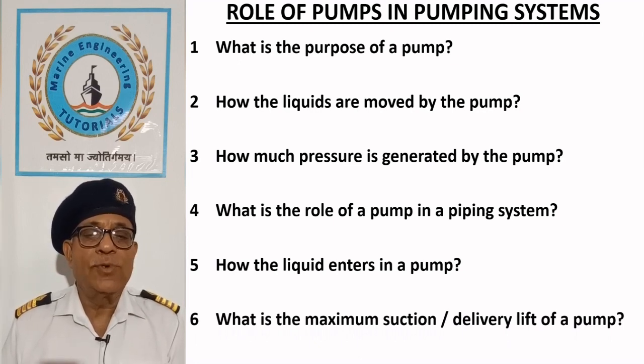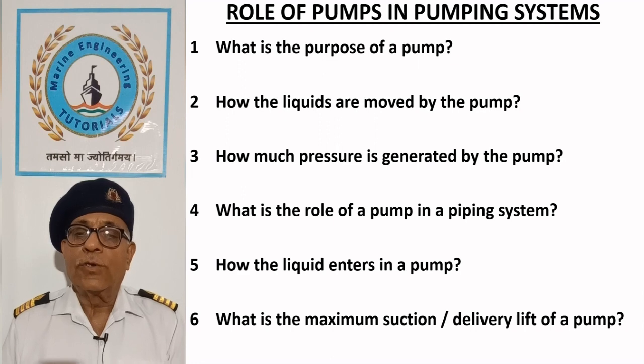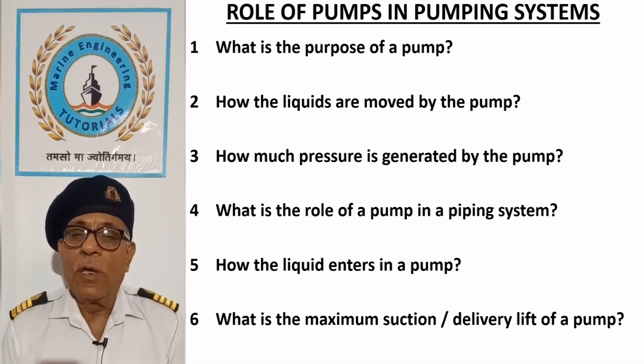What is the maximum suction or delivery lift of a pump? The suction lift of a pump is restricted theoretically by the head caused by atmospheric pressure, which in practice is reduced by losses of head in the suction pipe.